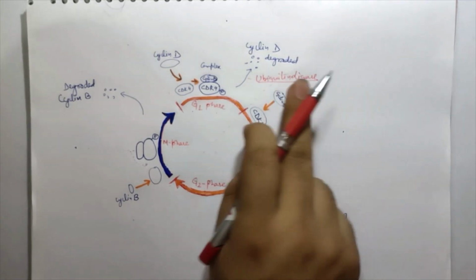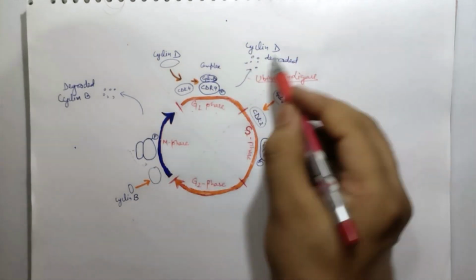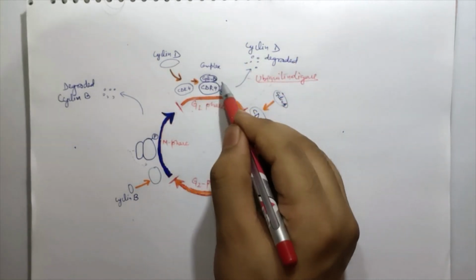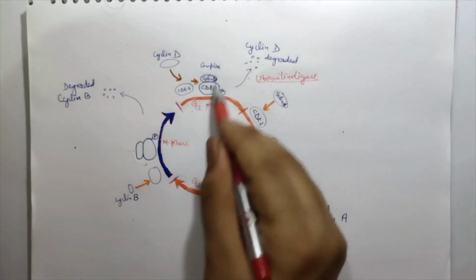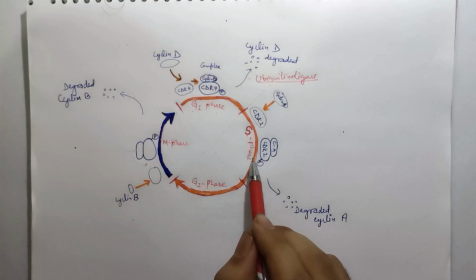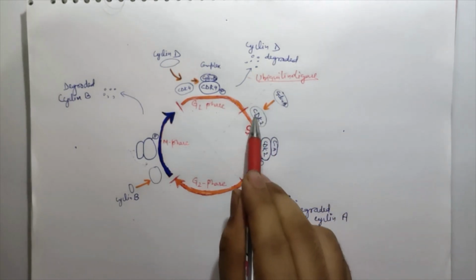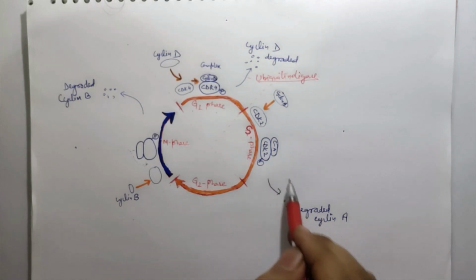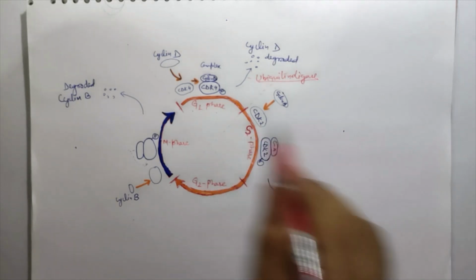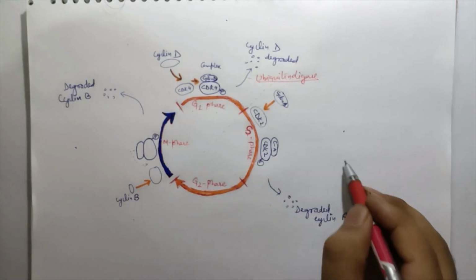This breaks down cyclin D, and ultimately dissociation and inactivation of this complex occurs, and the cell proceeds towards the next phase, that is S phase. Here cyclin A approaches and forms a complex with CDK2, and this complex then allows different events related with S phase, the synthesis phase.